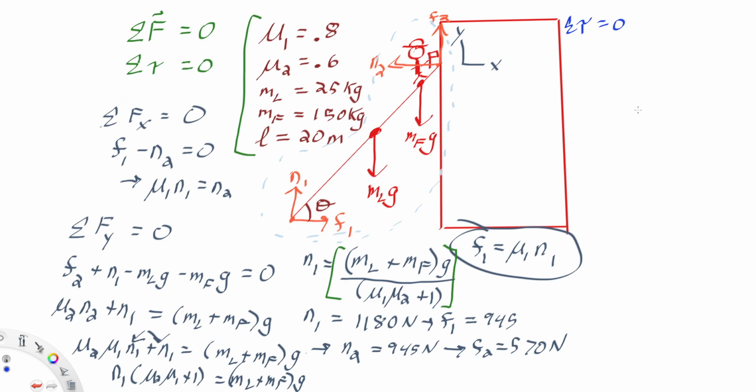And here is the really beautiful thing about torque analysis. If an object is not rotating, then it is not rotating about any axis you choose. The axis of rotation could be anything we want on this ladder, because if it's not rotating at all, it's not rotating around the middle, it's not rotating around the bottom, and it's not rotating around the top.